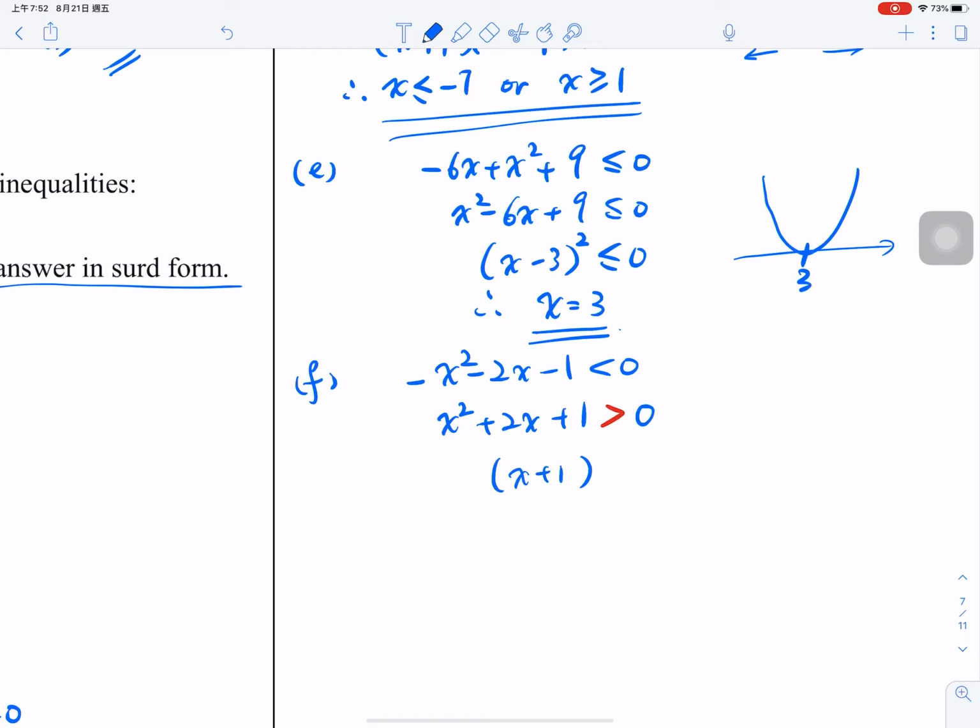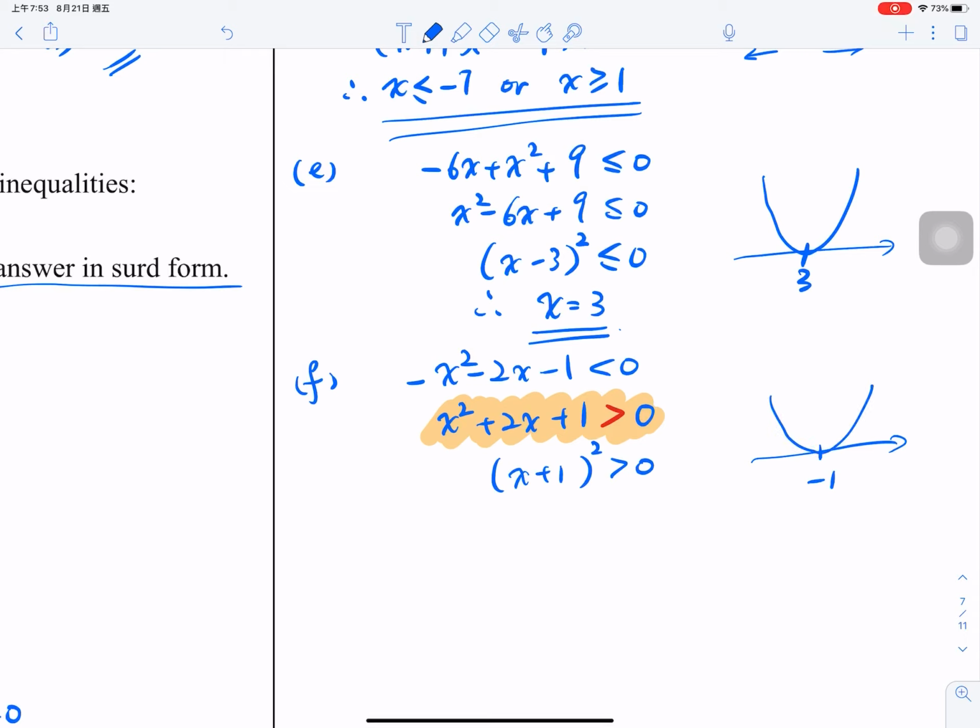Again, this one is a perfect square. So roughly, it's negative 1, right? Now we focus on this inequality, okay? Opens upward, and the only x-intercept is negative 1.